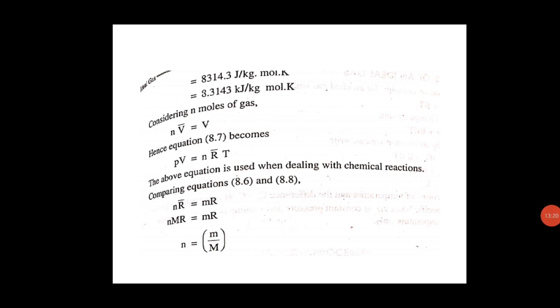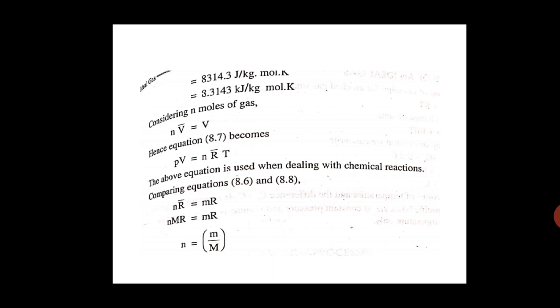So considering n moles of a gas, now you just understand this, that R bar, the universal gas constant, is nothing but 8.3143 kilojoules per kg mole Kelvin.